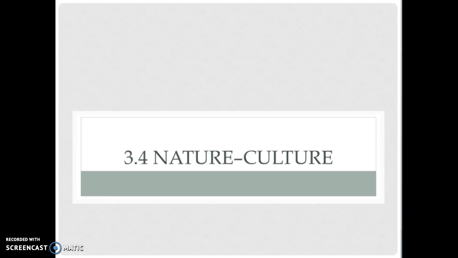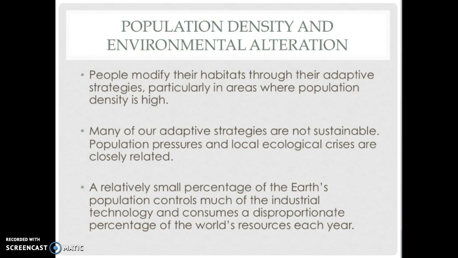Next, to look at population through the lens of nature-culture, you need to consider population's effect on environmental alteration, how people modify their habits through adaptive strategies. For instance, where population density is high, think of Tokyo or Mexico City, people build upwards instead of outwards. It's only a relatively small percentage of Earth's population that controls much of the industrial technology and consumes a disproportionate percentage of the world's resources every year.